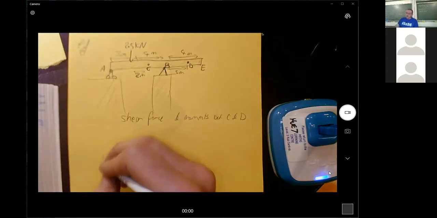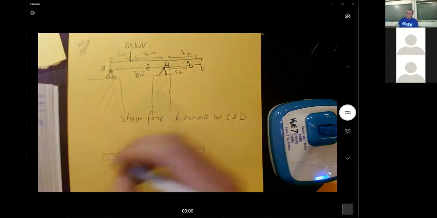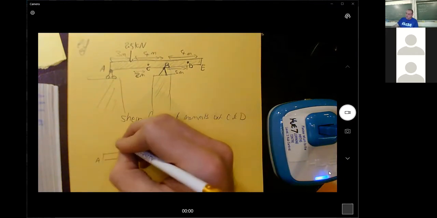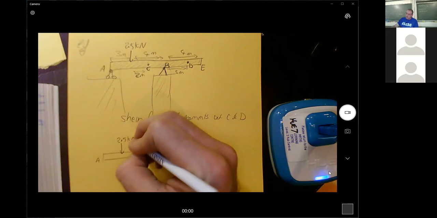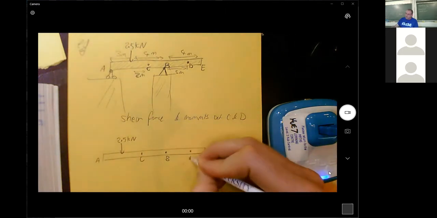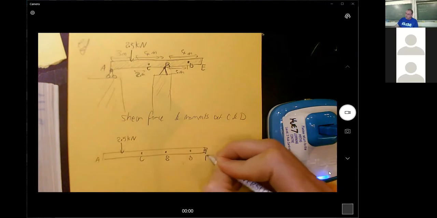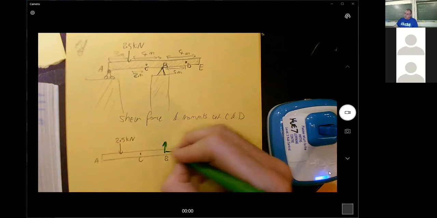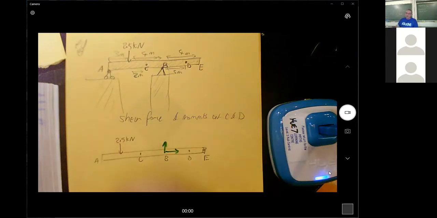And so I have reactions in both directions here, and there's a reaction here. Is that all the forces that are acting on this thing, do you think?